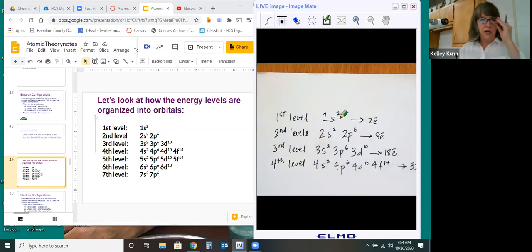What do you notice happens on the 5th level? Well, you'll notice that it still has all 4 orbitals. And then on the 6th level, it loses one, right? Scientists aren't really sure why that happens. A lot of times in chemistry and in science, we describe what we observe.